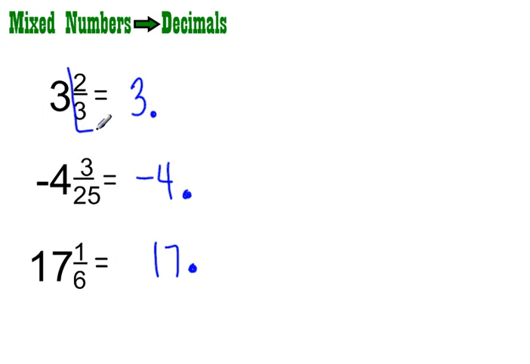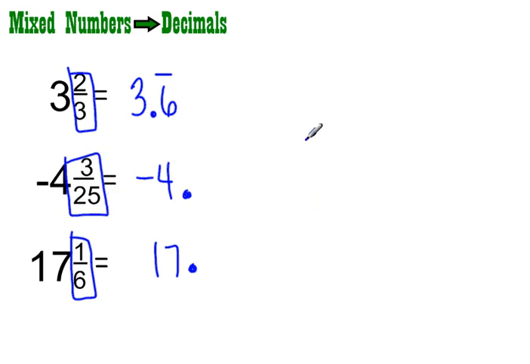Now all I need to deal with are the fractions. Well, lucky for you, your mean math teacher made you memorize 2/3. 2/3 is 0.6 repeating. So this answer is now done.